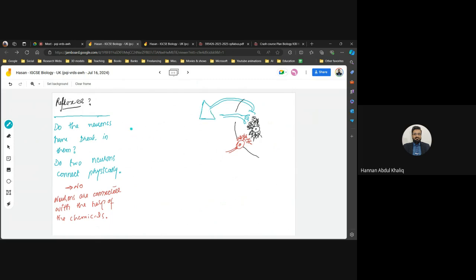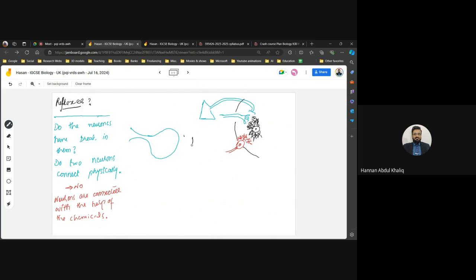On one side, you see that this is one axon terminal, like one part of the axon. There are one, two, three, four terminals of the axon, but I am only magnifying one of them. And at a distance, you will find dendrites.